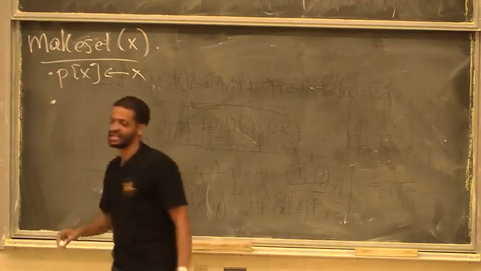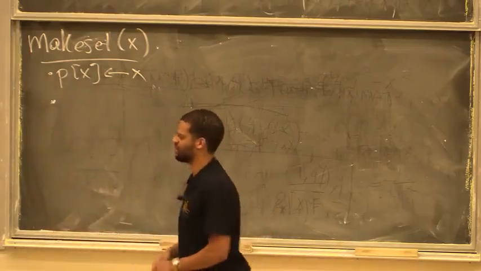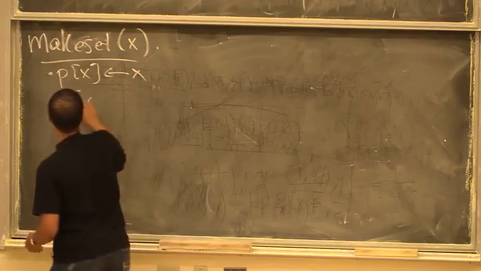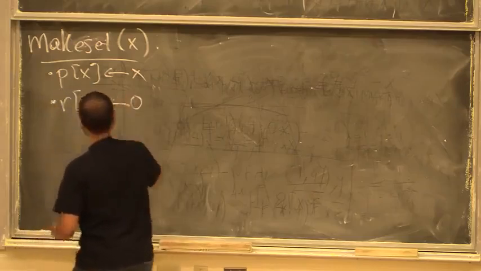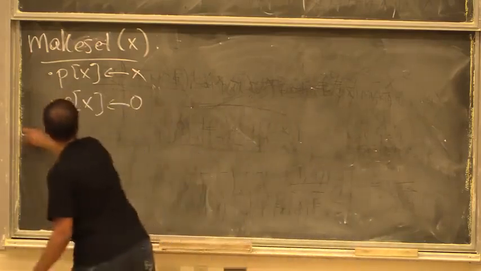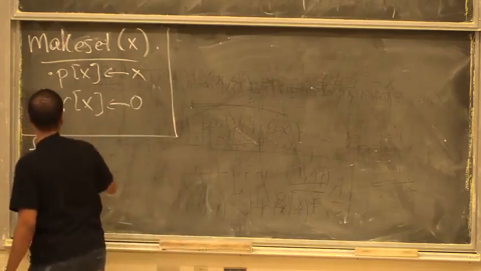Remember what rank is: what would the height of the tree be if there were no path compression? This is just a tree with one node, so its height is 0. So the rank of x is 0. Okay, that makes that. Let's do find.